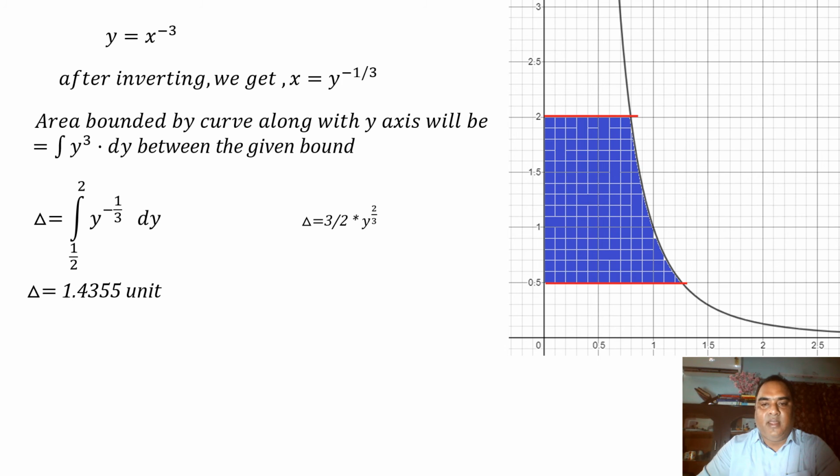In this case, it has been integrated from 0.5 till 2, meaning 0.5 unit till 2 units in the direction of y. We get this equation, and after integration we apply the bounds, and we get the answer as 1.4355 units, and the area has been highlighted in blue.